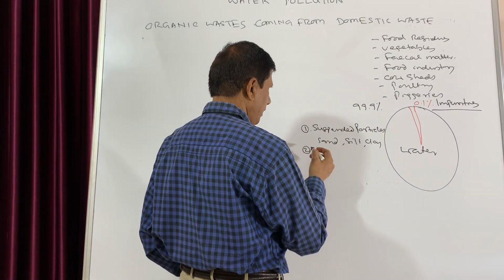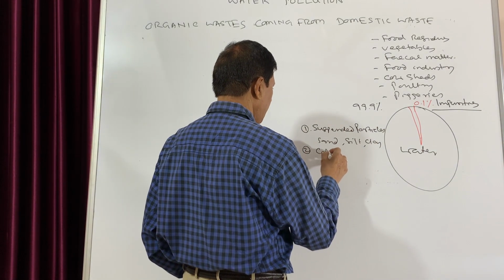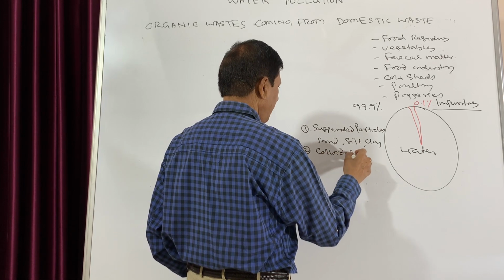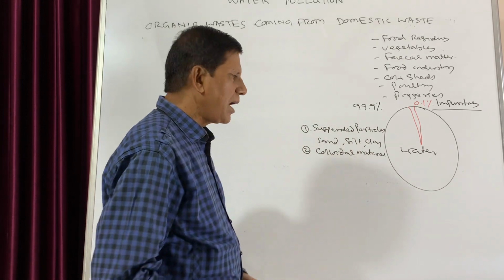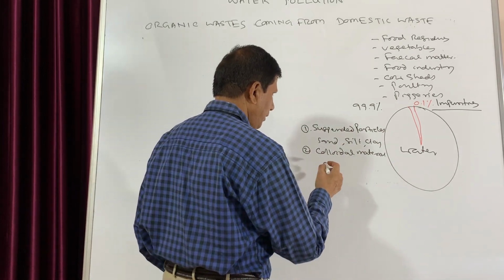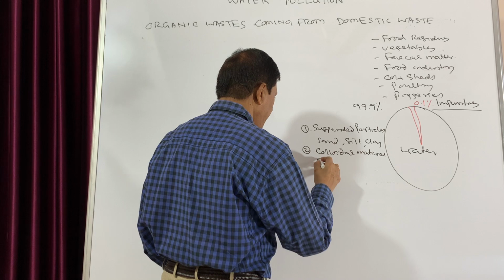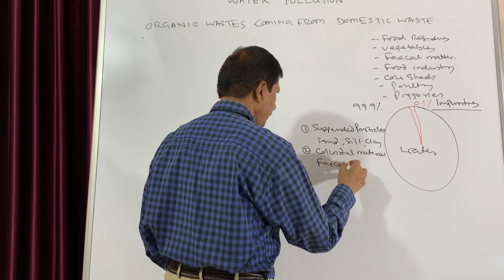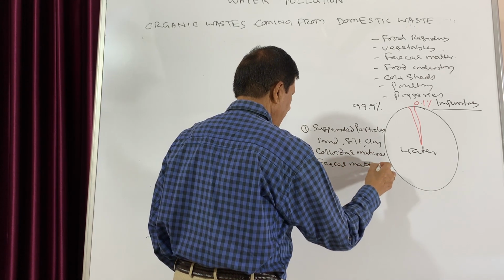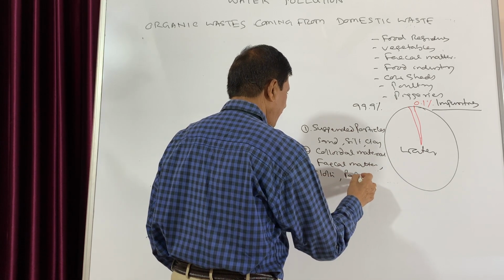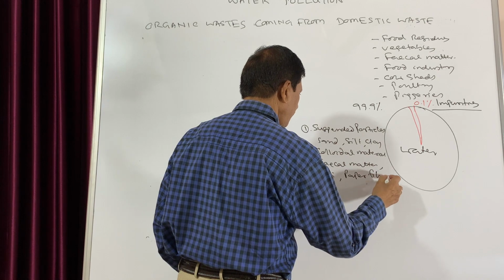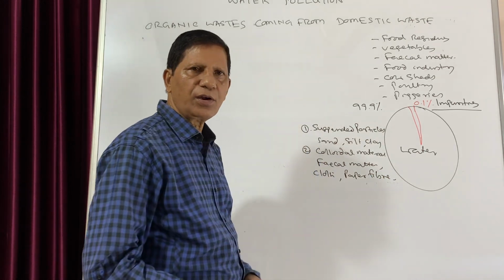The second one is colloidal material. And the colloidal material usually includes the fecal matter, then cloth, then paper fiber, all these things.